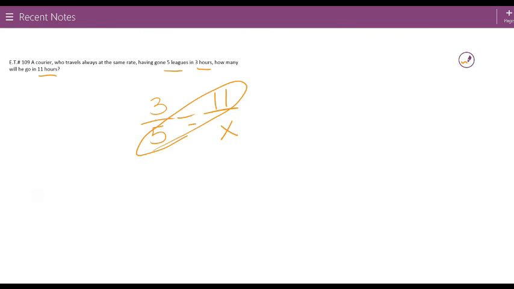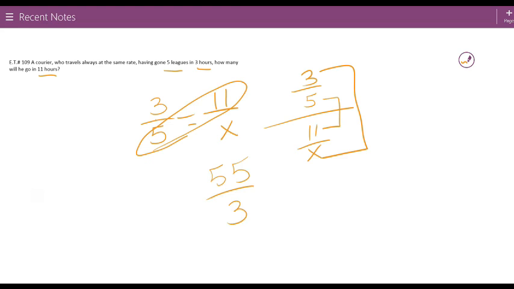We could, of course, rewrite it as 3 over 5 over 11 over x, and find our means and our extremes. Either way, it's going to give you 55 thirds equals x, and you could reduce that, and that would be how many leagues he has gone.